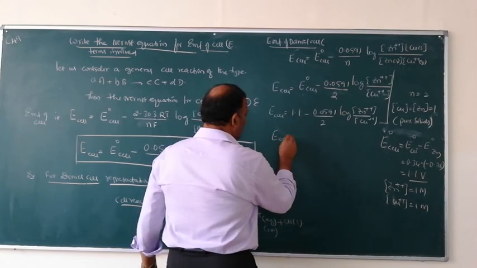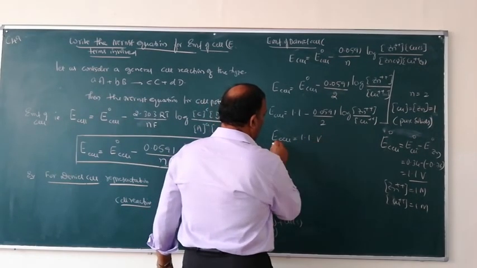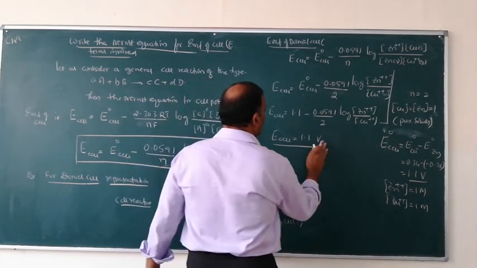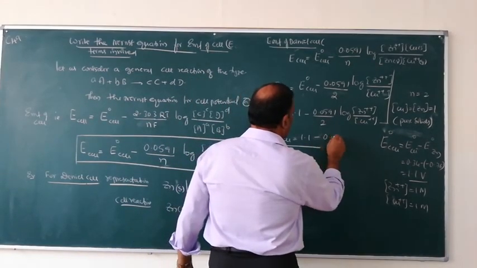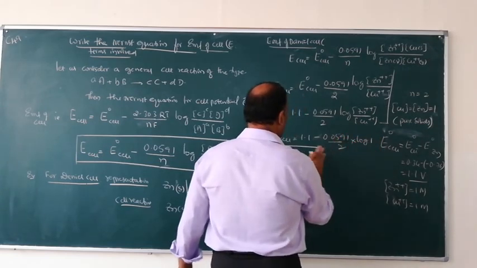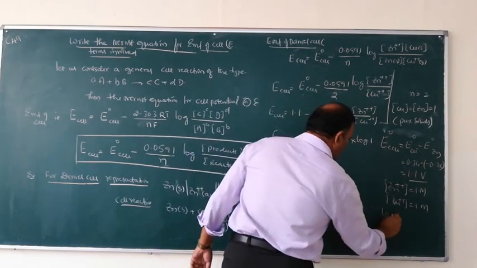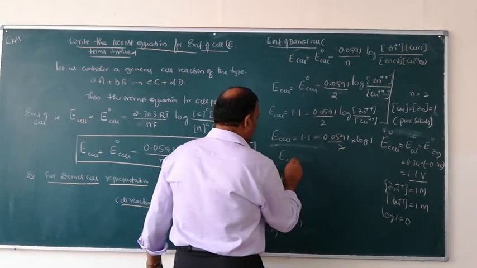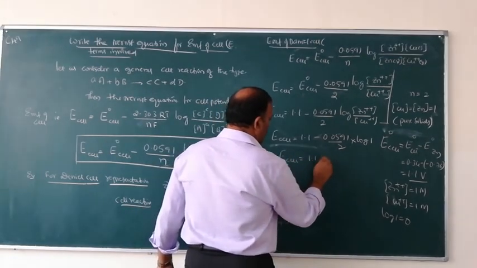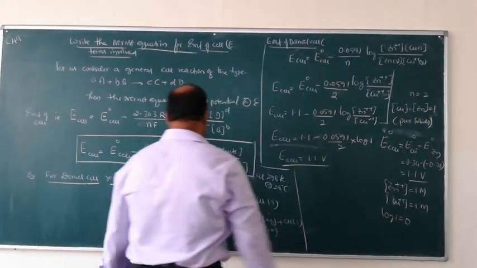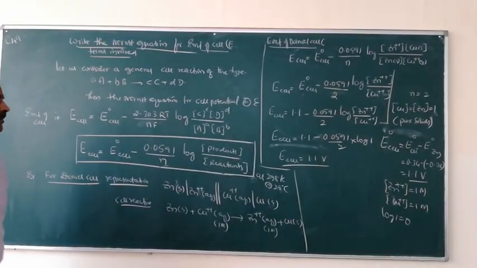Therefore, E cell is equal to 1.1 volt minus 0.0591 by 2 into log 1. So log 1 equals 0. Therefore, E cell is equal to 1.1 volt. So this is how we can calculate EMF of cell using Nernst equation.